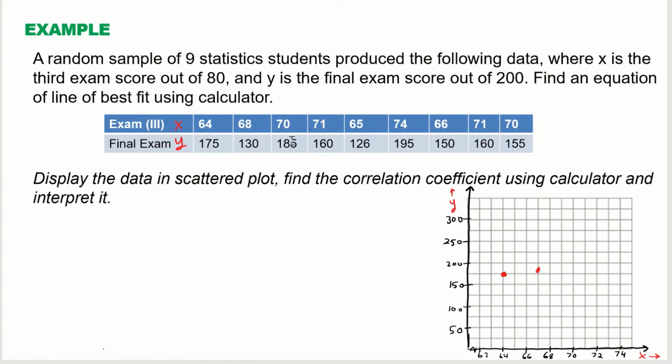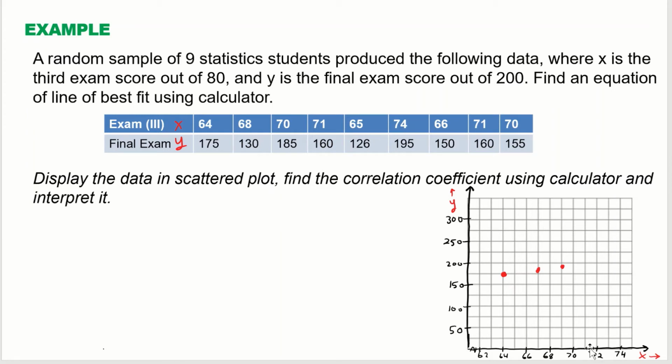Then 70 and 185. This is 70. 150 is here, so 175 will be there, so 185 is quite close to 200. Next is 71 and 160. 71 is a little bit after this one, which is this one.